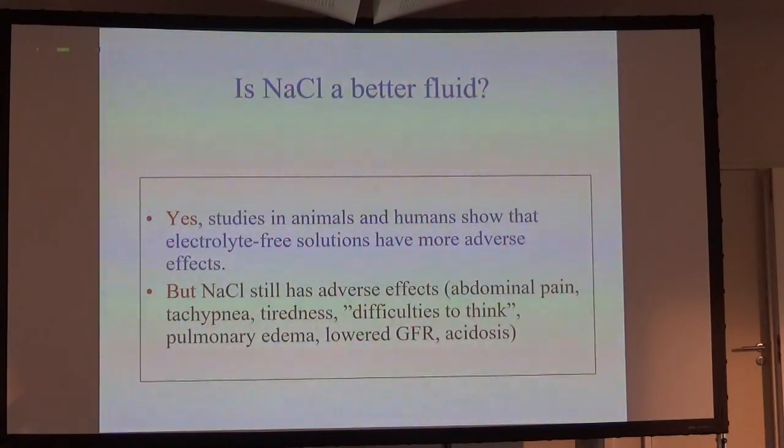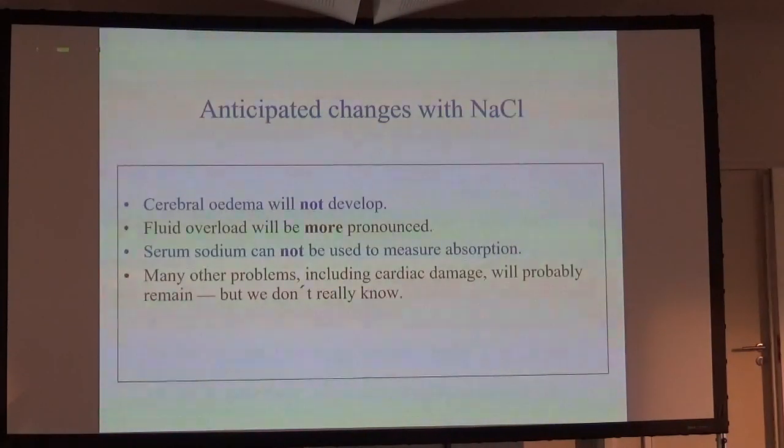However, there are some problems with overload with saline too, and the rates of absorption can be very high, about 2.5 liters per 10 minutes or something like that. So that's a problem. But for good, cerebral edema will not develop.